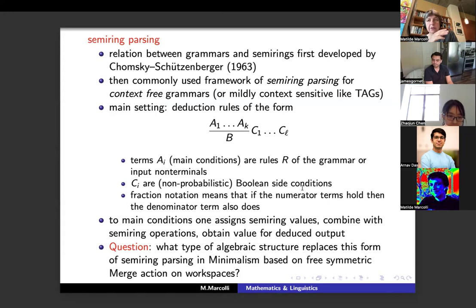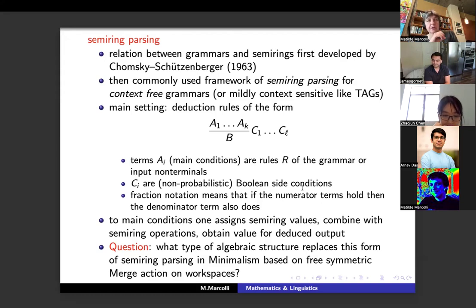This relation between generative grammars and parsing in semirings was introduced in these papers of Chomsky, Schützenberger, and Berger, which is actually on the web page. They contain several very nice results. So if someone wants to read that for their presentation, there's a lot of very nice mathematics in that paper, in several famous theorems.